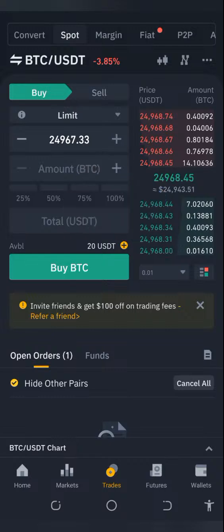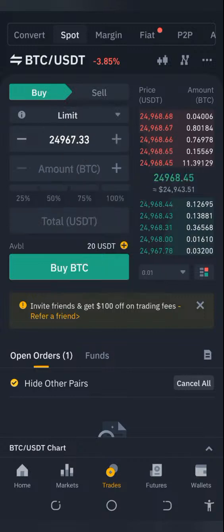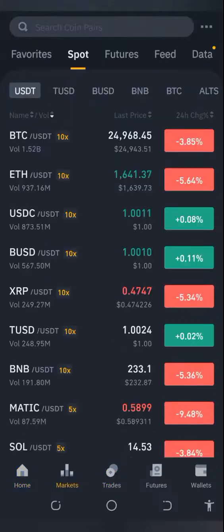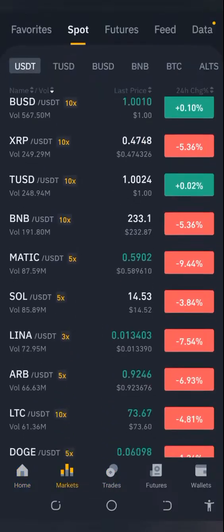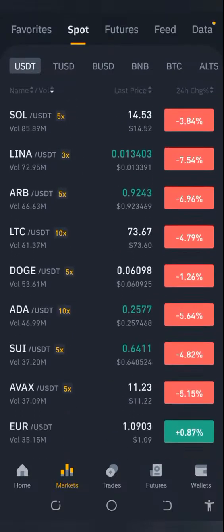So in our income strategies course, in our income strategies program, first off, we're going to share with you all the vital information that you need to choose profitable coins. Yes, you need to know how to choose profitable coins. Let me go to the homepage so you understand what I'm saying. On markets, we're going to see all these awesome coins. Can you see all these beautiful coins? When you click on spot, you'll see so many coins here.